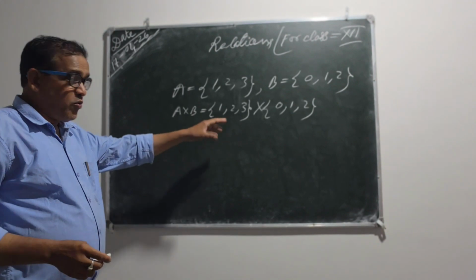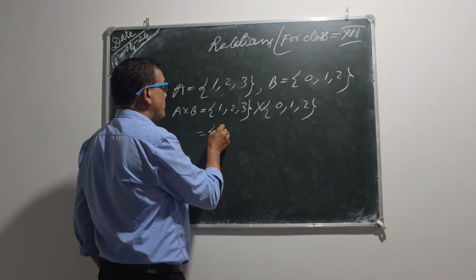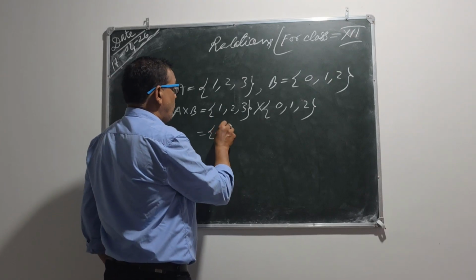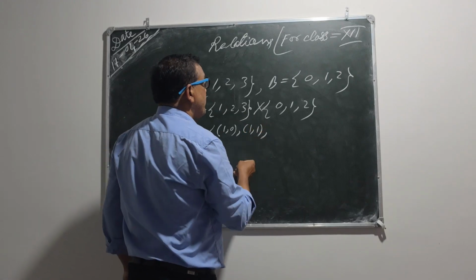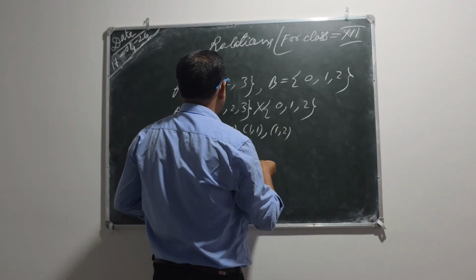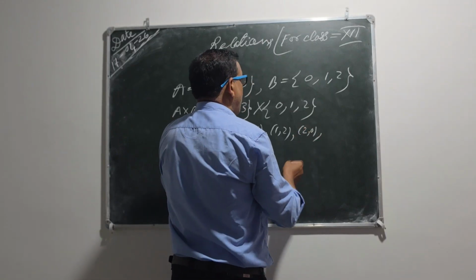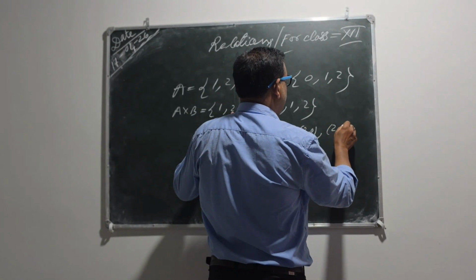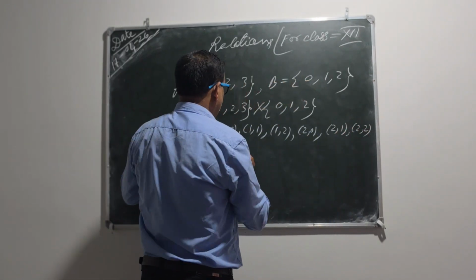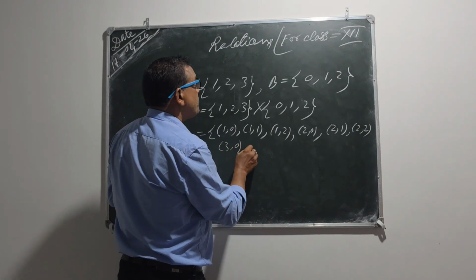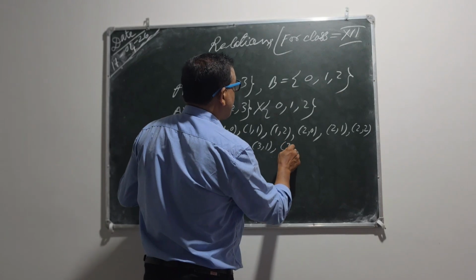In the Cartesian product, it will be, within brackets, (1, 0), (1, 1), (1, 2), (2, 0), (2, 1), (2, 2), then again (3, 0), (3, 1), and at last (3, 2).